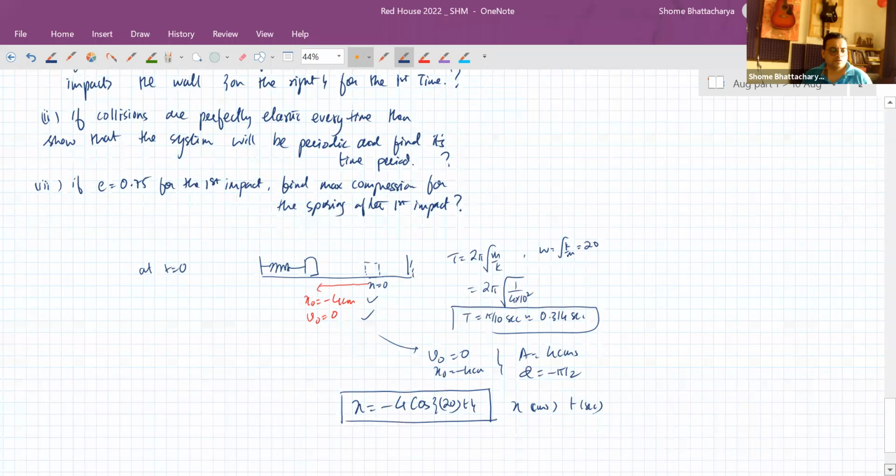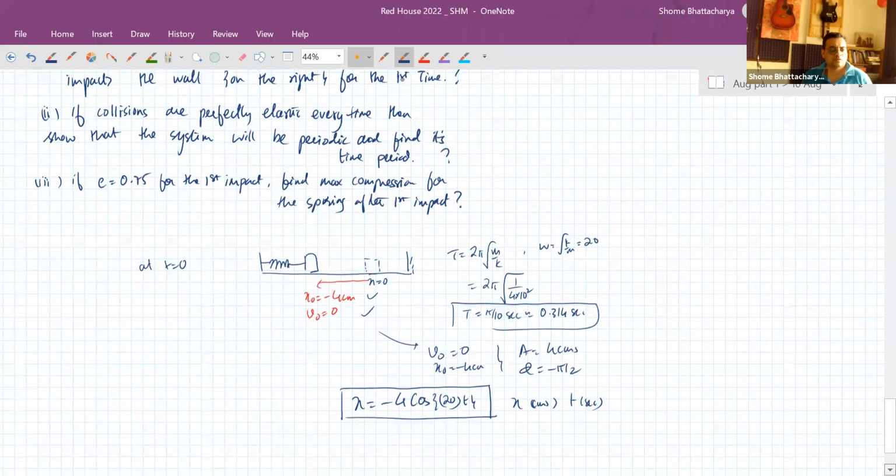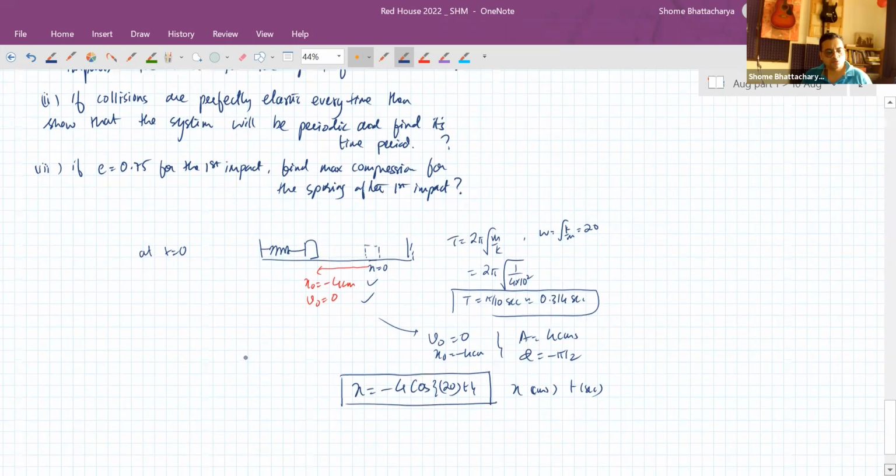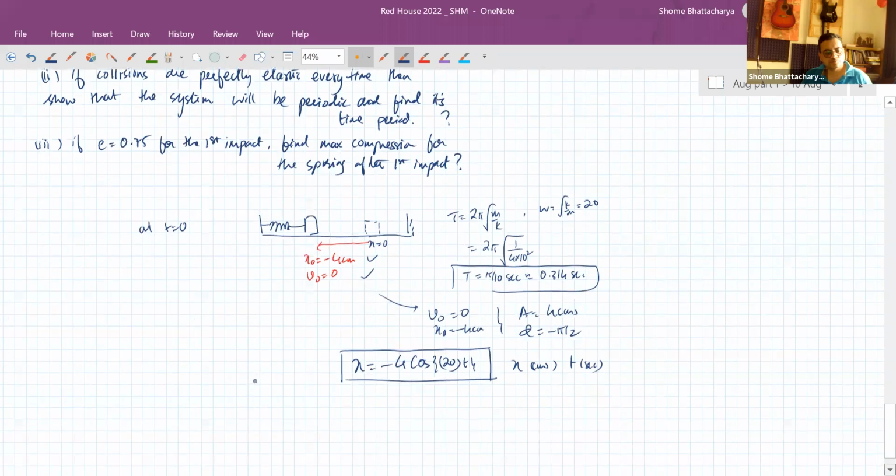So what will happen now is that this is where the block was at t equal to 0.